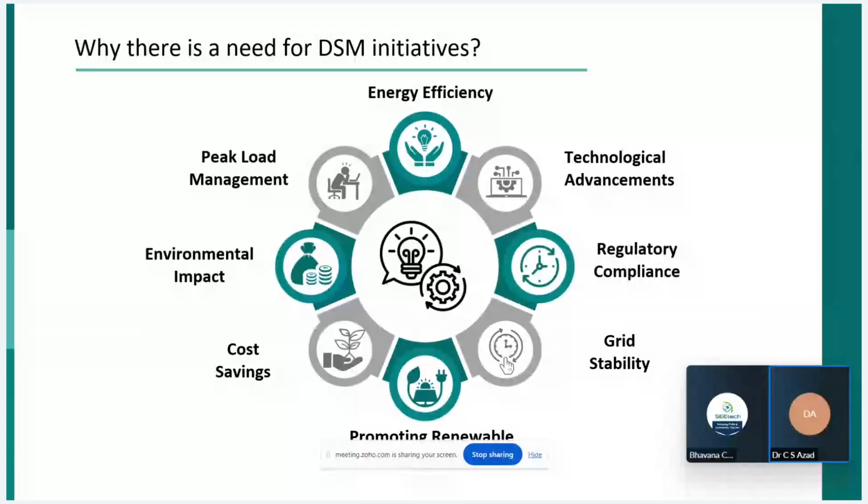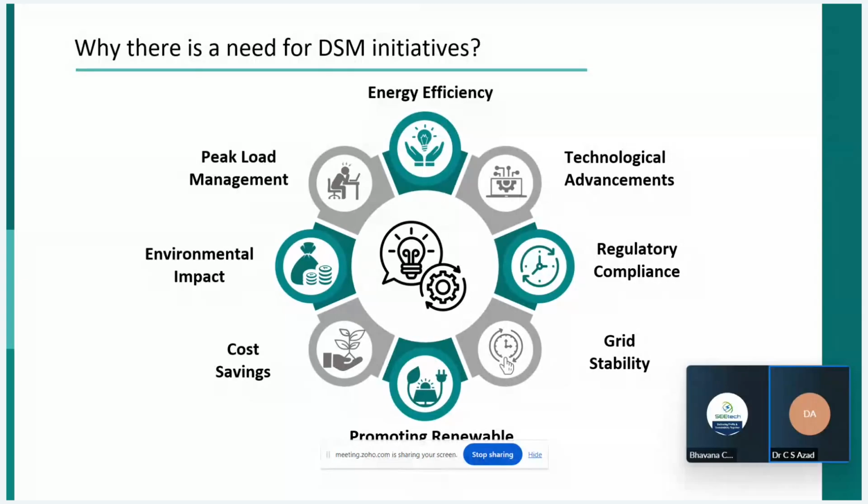Another thing is cost saving, because all consumers, whether commercial, industrial, or residential, want to save their electricity bill. Demand side management is also related to cost saving. Then promotion of renewables.